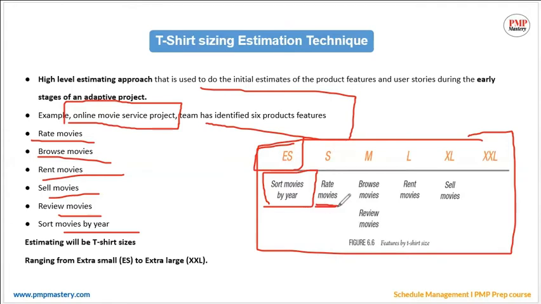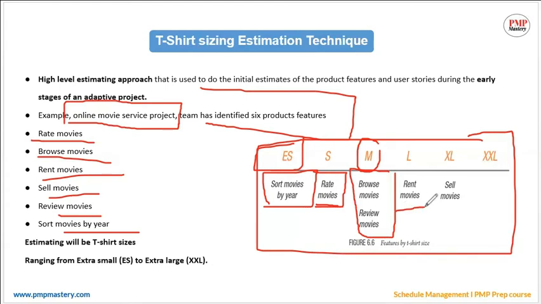You can see the second feature here, rate movies. It is under the category for small size, meaning it requires a small effort compared to extra small. These are larger user stories, larger features. Here you can see 2 features under the category of medium, meaning these 2 features are of medium size.